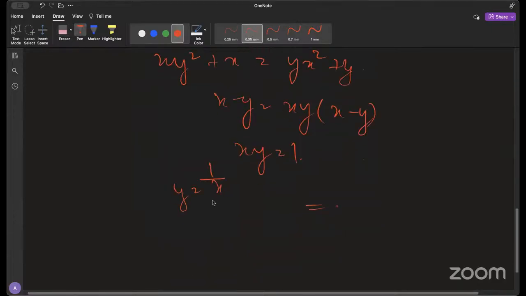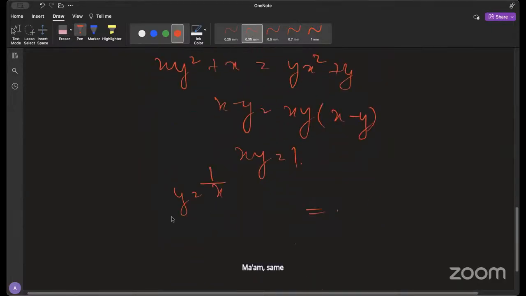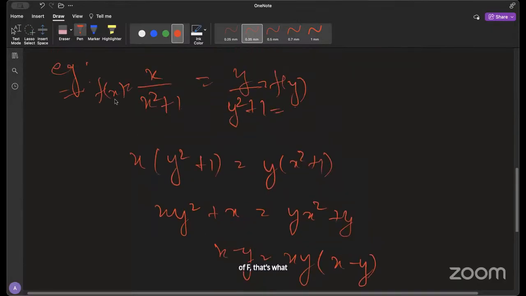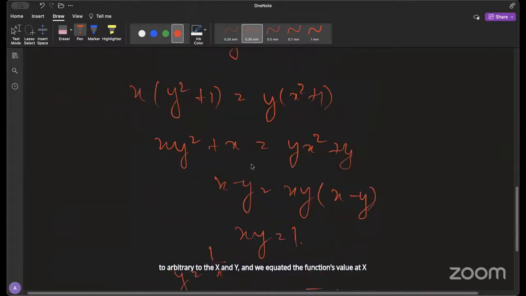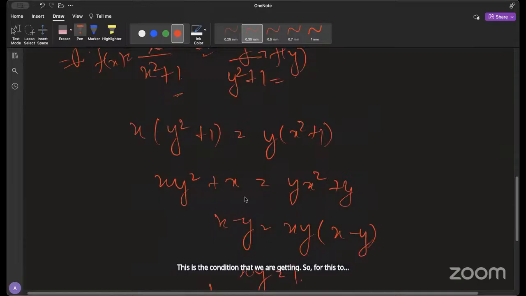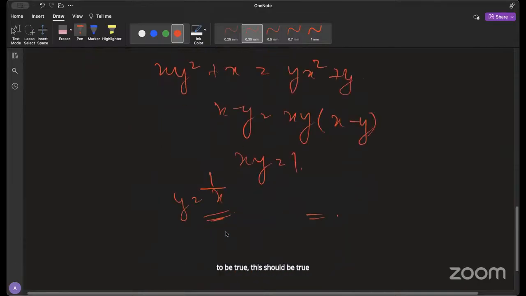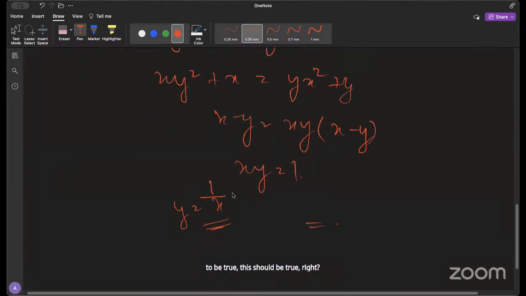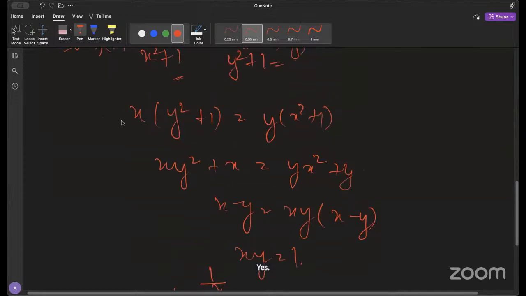Same value of f. What we did here is we took two arbitrary x and y and equated the function's value at x and y. Then this is the condition we are getting. For this to be true, this should be true, right? Yes, both ways. This is an if and only if.